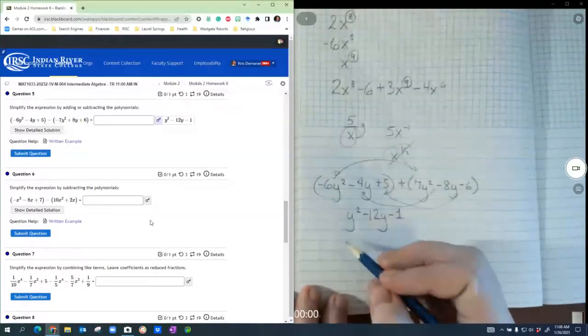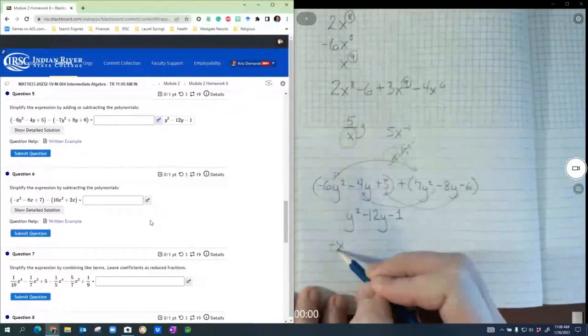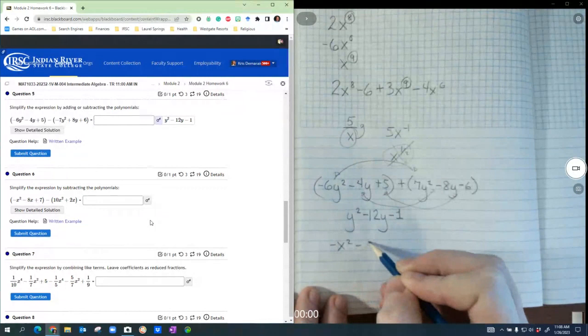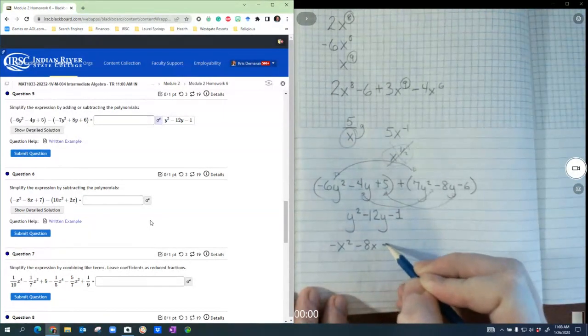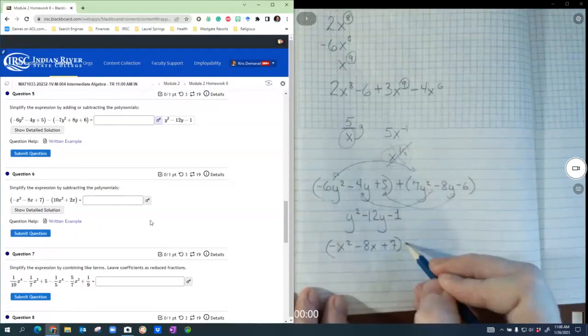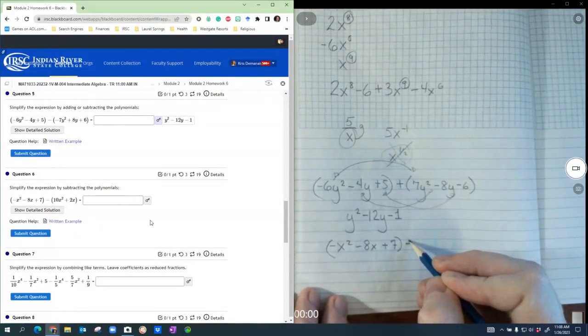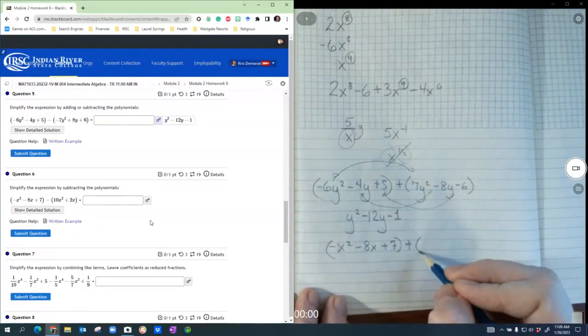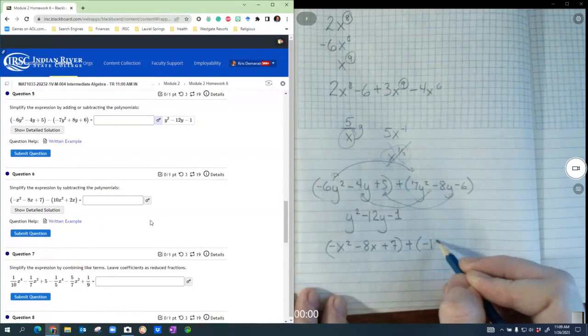Now, when we look at the next one, we have -x squared minus 8x plus 7. And then we have minus, but we're going to change that minus to addition and change the sign of the second grouping.